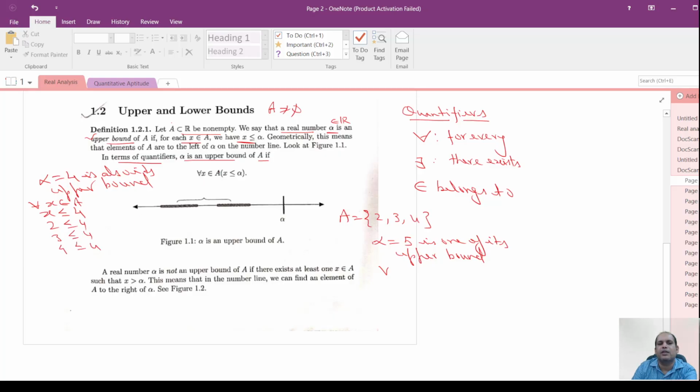So one can see that an upper bound may or may not be a member of the set. For example, here alpha equal to 5 is not a member of the set, whereas alpha equal to 4 is a member of the set. In fact, every real number greater than or equal to 4 is its upper bound.